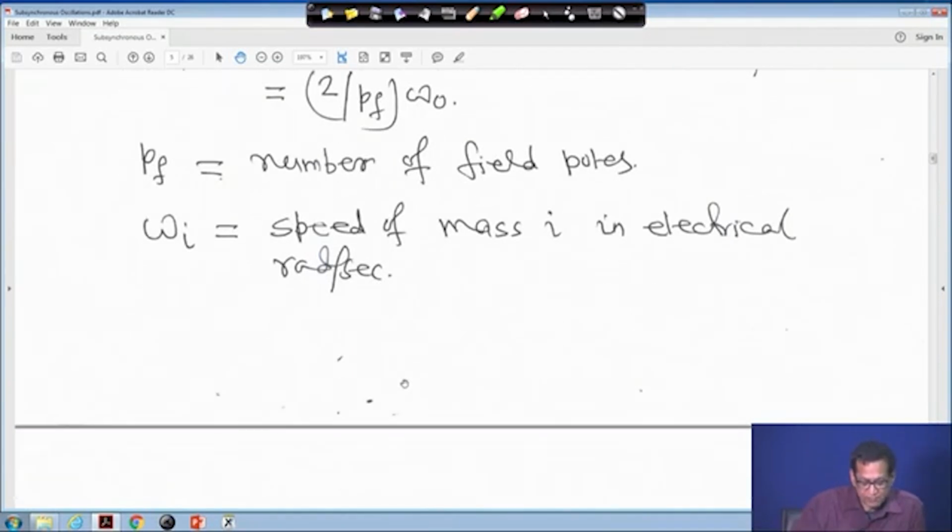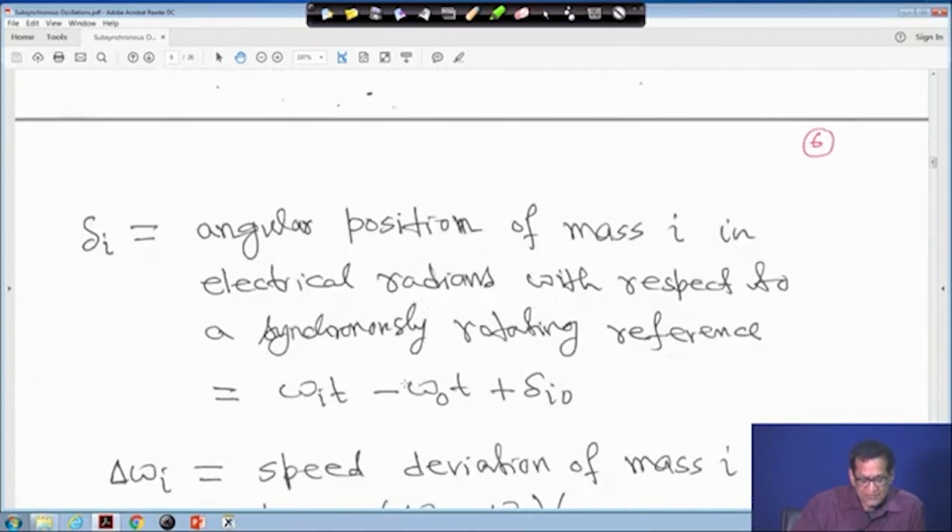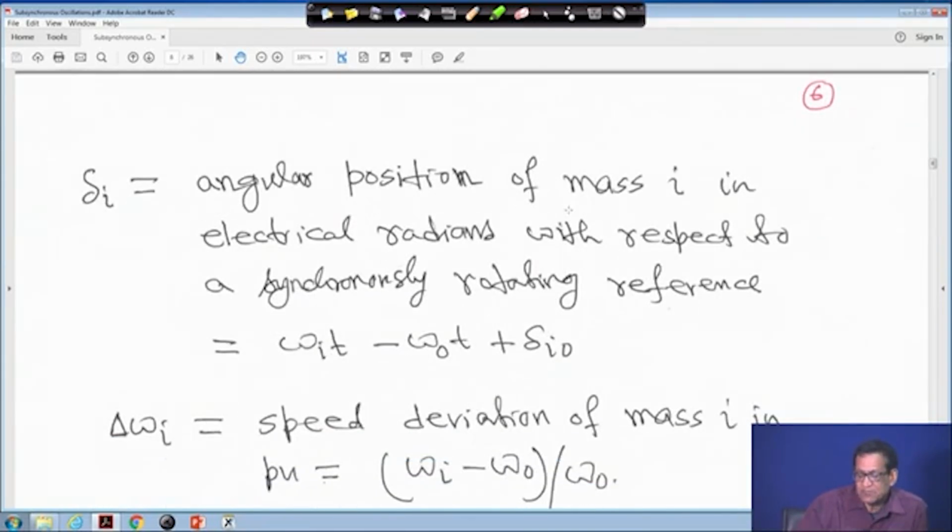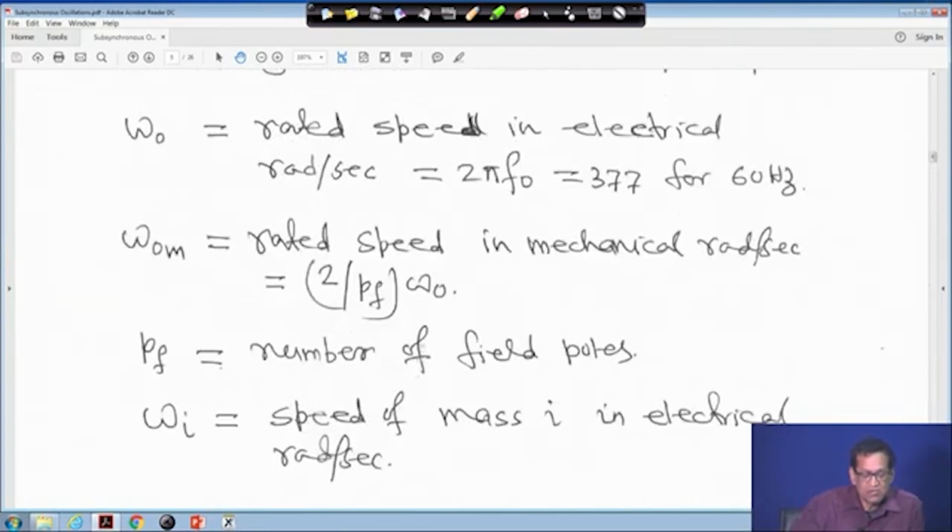And delta i is the angular position of mass i in electrical radians with respect to a synchronously rotating reference. We can write delta i is equal to omega i t minus omega 0 t plus delta i0, where delta i0 is the initial angle and omega 0 is the rated speed in electrical radian per second.